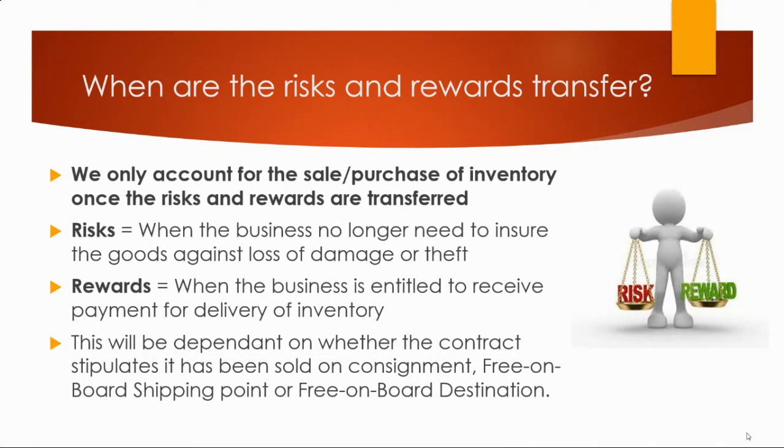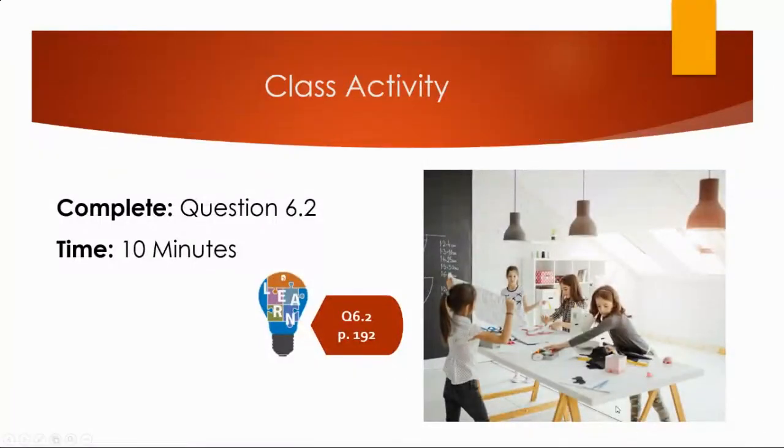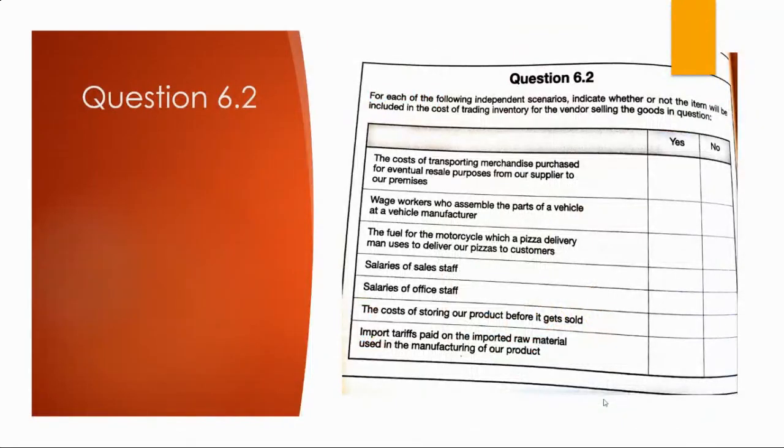Okay, any other questions? Okay, so what we're going to do now is work through question 2.6. It's in your textbooks, and I'm going to put up the slide with the question on the next page. For each of the following independent scenarios, indicate whether or not the item will be included in the cost of trading inventory for the vendor selling the goods in question.